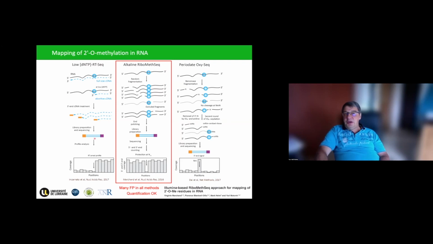They use different principles known for decades now, like RT arrest at low dNTP, exclusion of some fragments during alkaline hydrolysis, or resistance of the methylated 3' end of RNA to periodate oxidation. I will not discuss in detail all these methods. All of them give a lot of false positives, and we are using alkaline RiboMeth-seq because, in our opinion, it gives the best quantification results over the others.